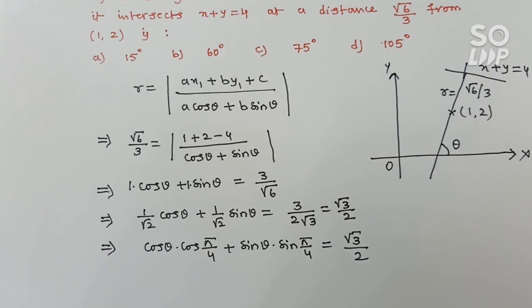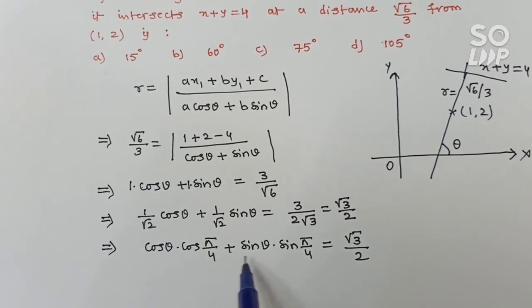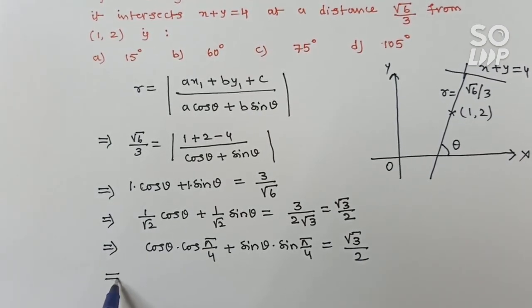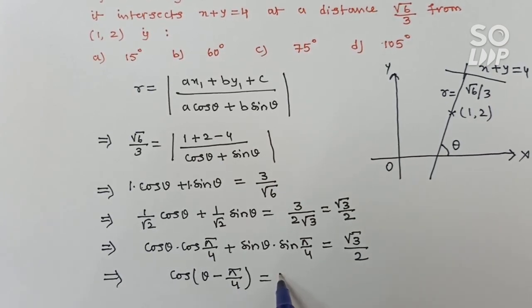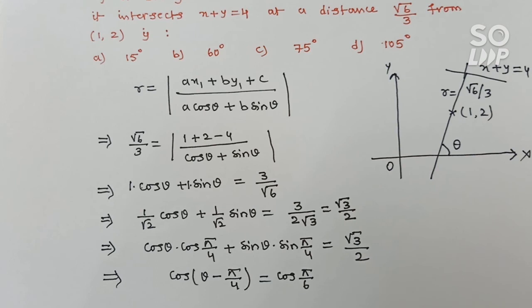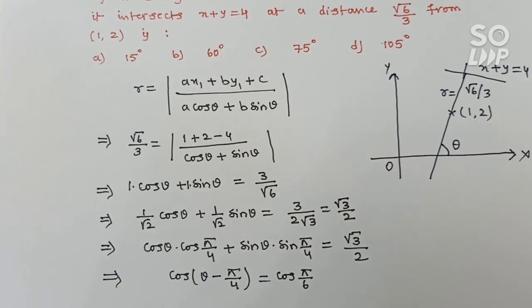Now this expression is cos A cos B plus sin A sin B, that is cos of (A minus B). Cos of (theta minus pi by 4) is equal to cos 30, that is pi by 6.